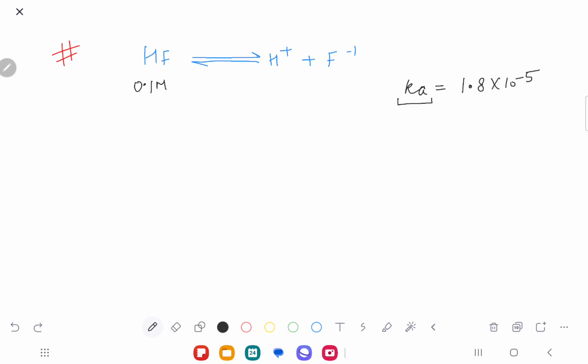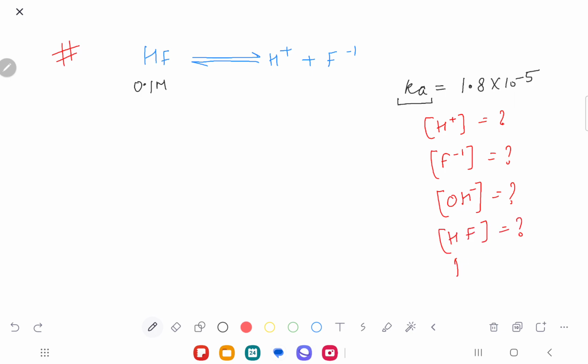Now the question tells me: calculate the H plus ion concentration, calculate the F negative ion concentration, calculate the OH negative ion concentration, calculate the HF concentration, calculate the pH.